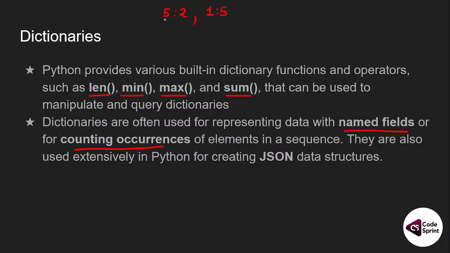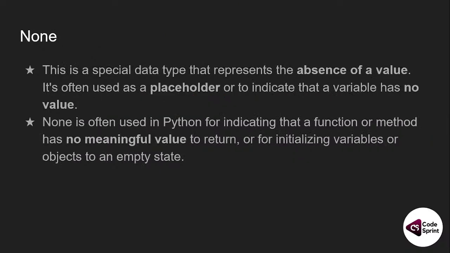So here 5 is coming 2 times, 1 is coming 5 times. Also we can use it for the creation of JSON data structures. And at last, None. None is basically a data type which represents the absence of a value.